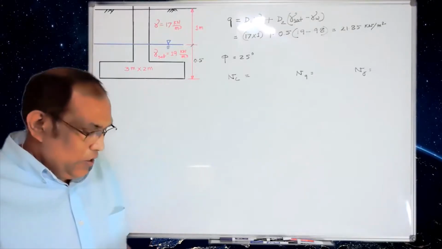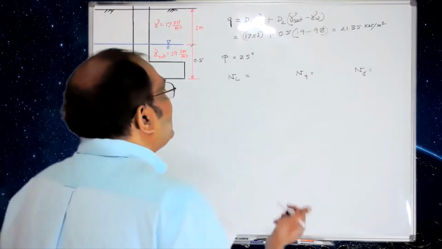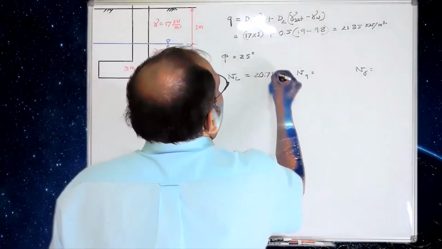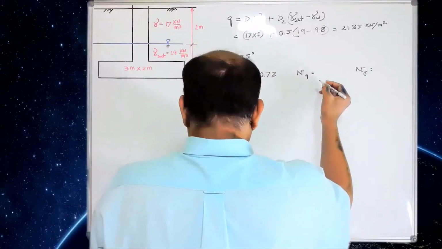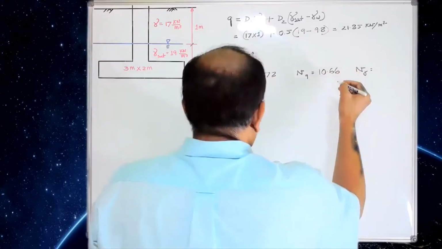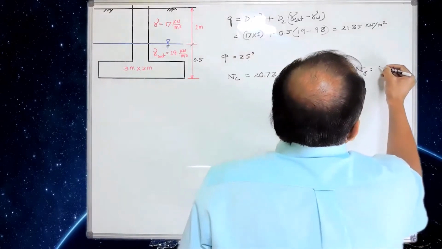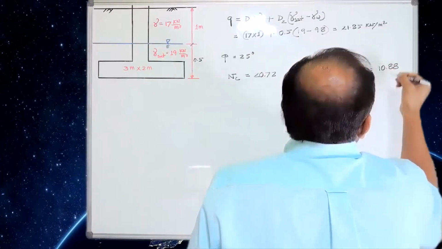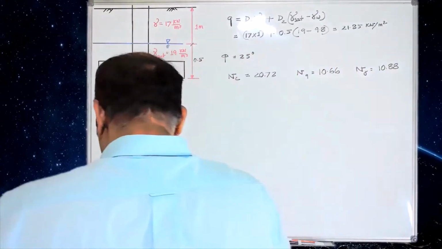So your NC is 20.72. Your NQ is 10.66. And your N gamma is 10.88. Okay.